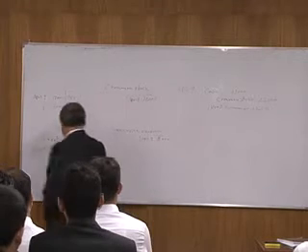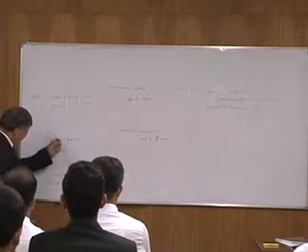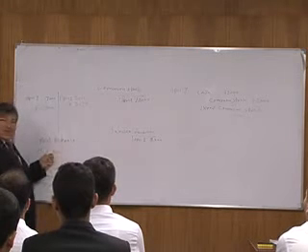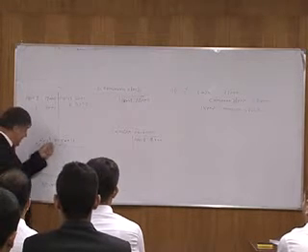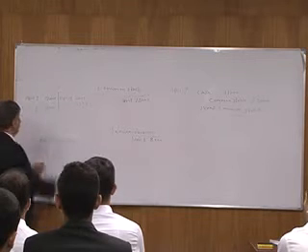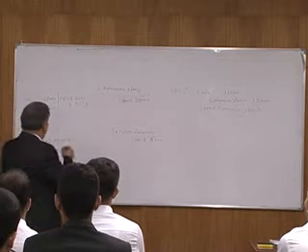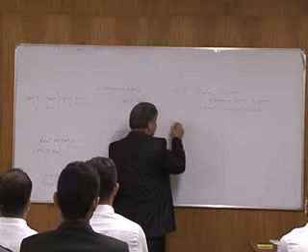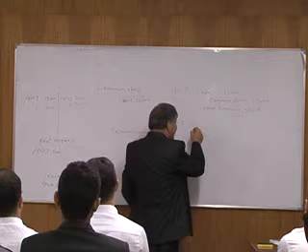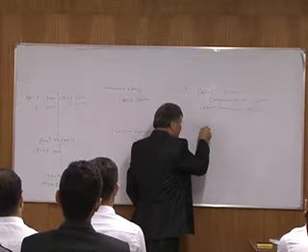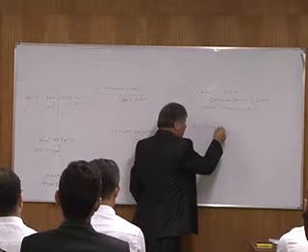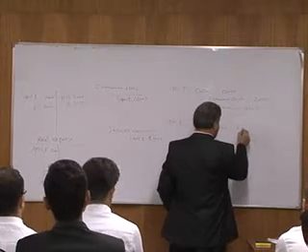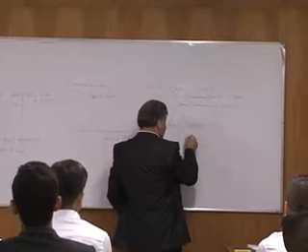Now this: debit rent expense, credit cash. We put the date April 5. Debit rent expense, how much? 2,000. The credit, cash, 2,000.